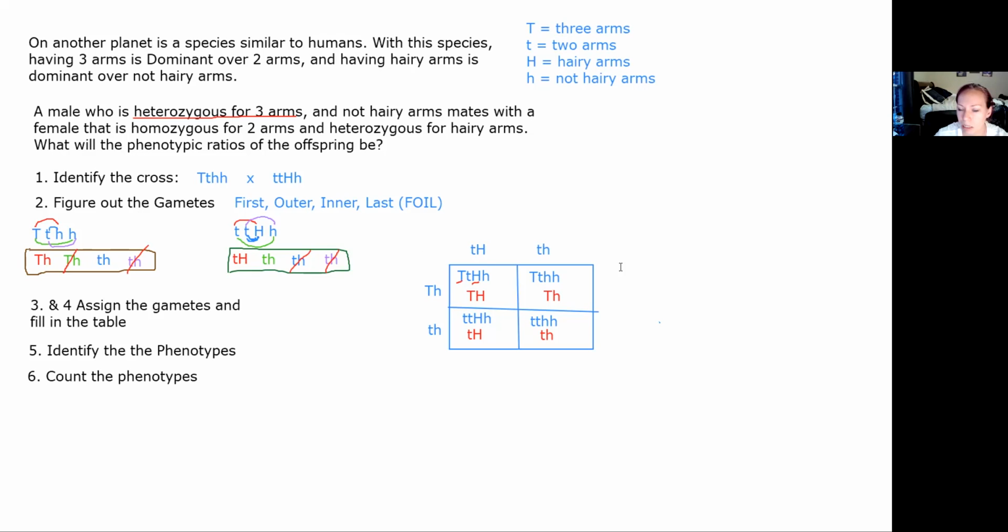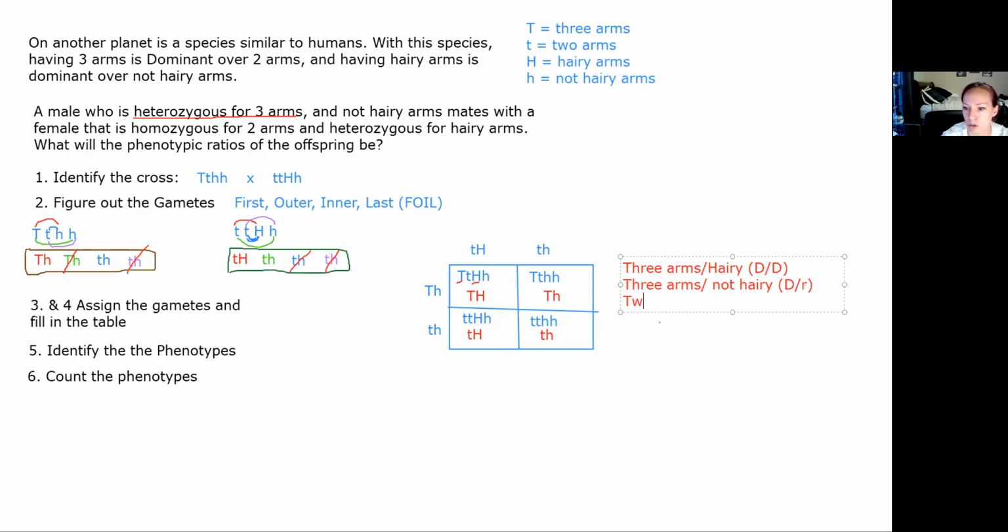All right, so what do we mean by that? Kind of like just what I talked about. We're going to talk about 3 arms and hairy, also known as dominant. We're going to talk about 3 arms and not hairy, also known as dominant recessive.